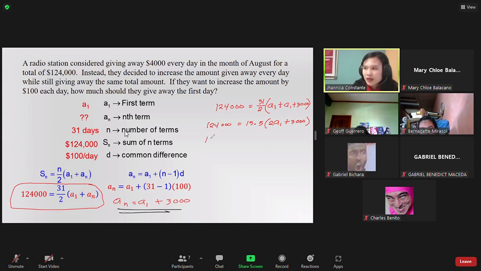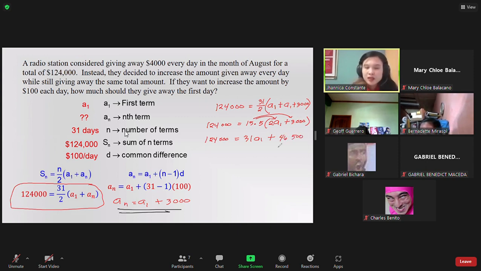So we have 124,000 equals 15.5 times 2, which is equal to 31a, plus 15.5 times 3,000, which is equal to 46,500.